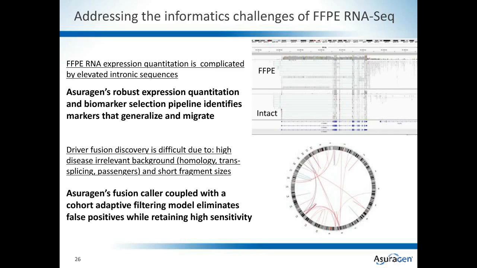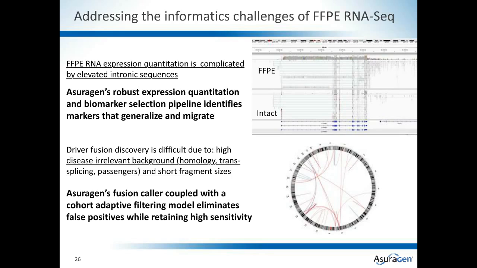Here I'm showing for a particular gene the FFPE read alignments compared to an intact sample that was poly-A enriched. You can see noticeably across the intronic regions of this gene, there's a pileup in the FFPE sample that's absent in the intact sample. And you can notice that this coverage is restricted to the gene body, suggestive of nascent or pre-mRNA and not genomic contamination.